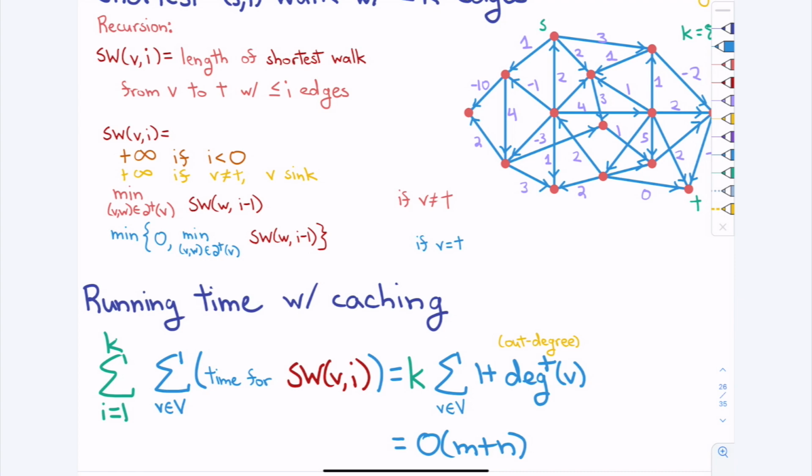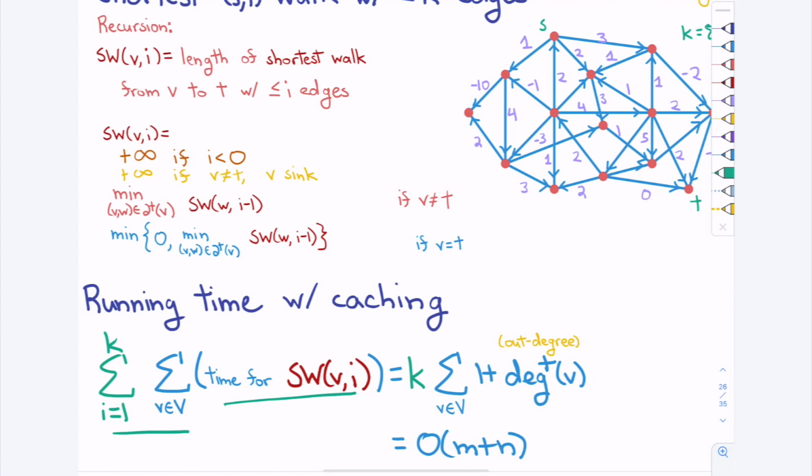If I was calculating the running time of this recursive approach, where we're not explicitly making that extra graph, it'll start looking a lot like how we did longest path at the beginning in DAGs. Here I'm summing over all the problems, which are indexed by vertex and a layer or a budget i.